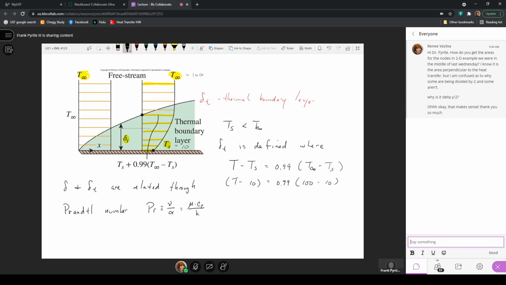This Prandtl number is the ratio of momentum diffusivity to thermal diffusivity. How well does it diffuse momentum compared to how well does it diffuse thermal energy? Those two quantities, the momentum diffusivity and the thermal diffusivity, are the direct result of what's happening to form a velocity boundary layer and a thermal boundary layer.